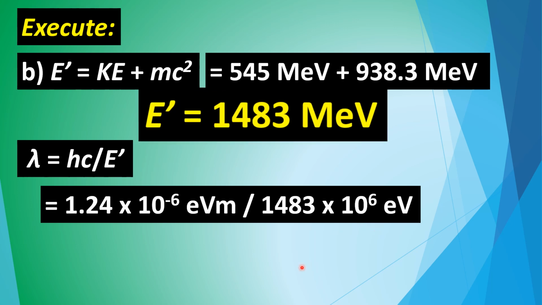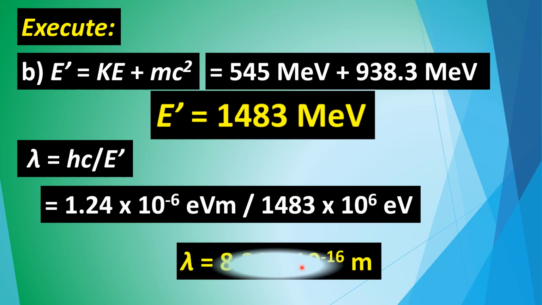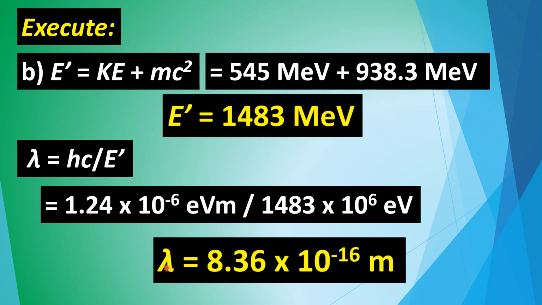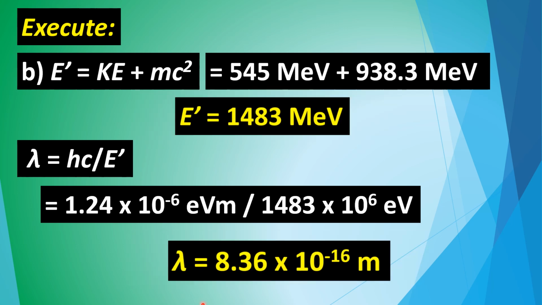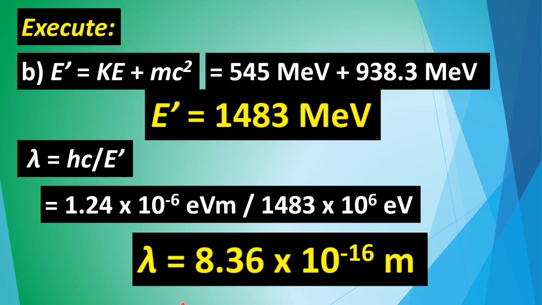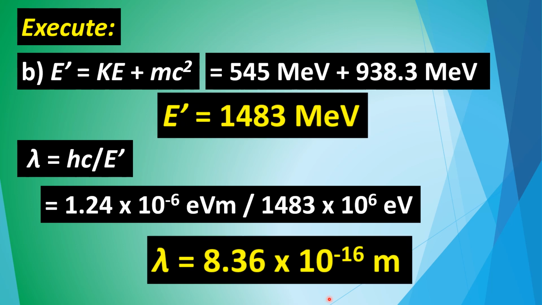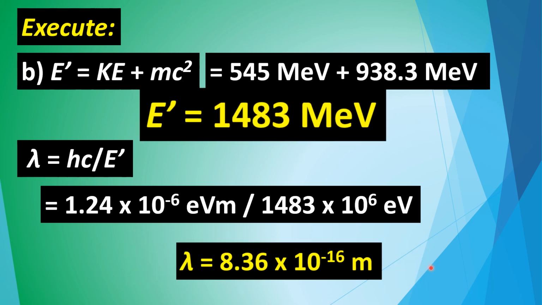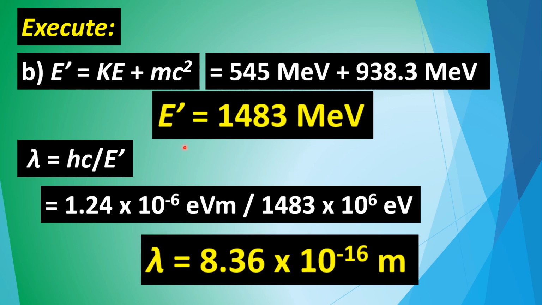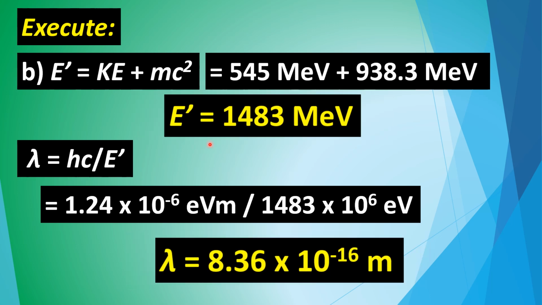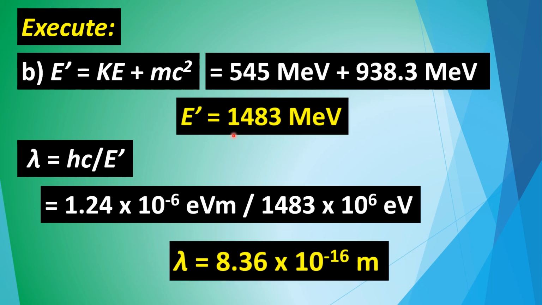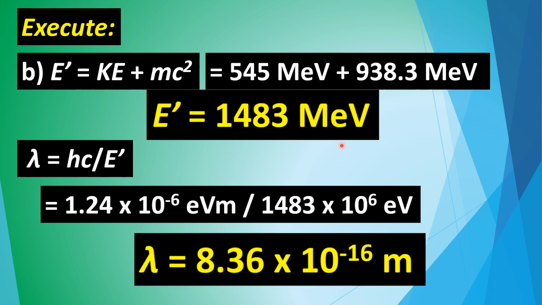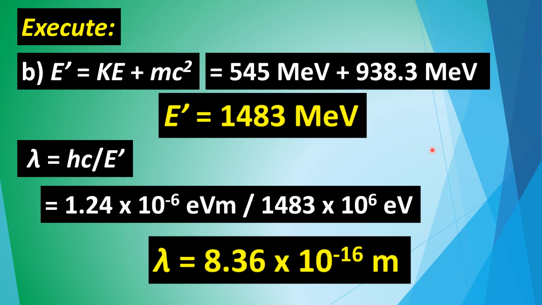Doing our math, we get the wavelength lambda equal to 8.36 times 10 to the negative 16 meters. This is the wavelength that corresponds to the photon energy E prime of 1,483 million electron volts.